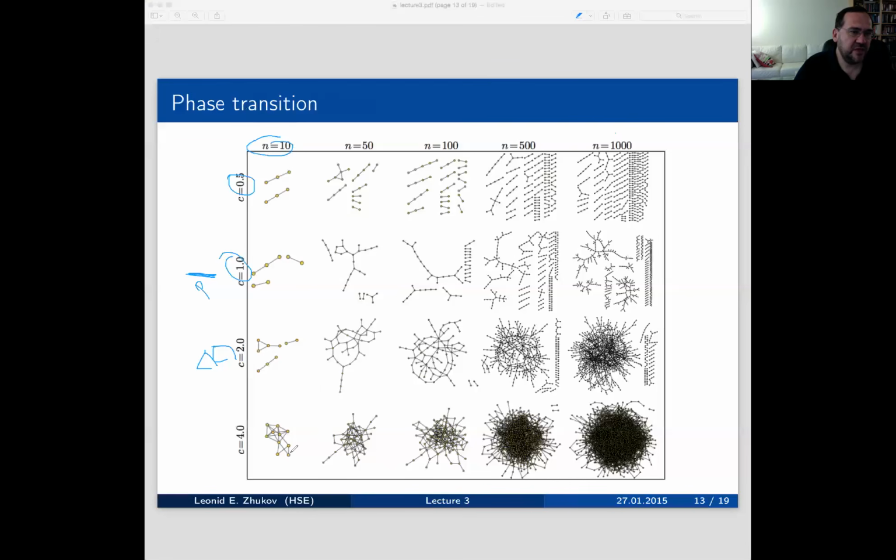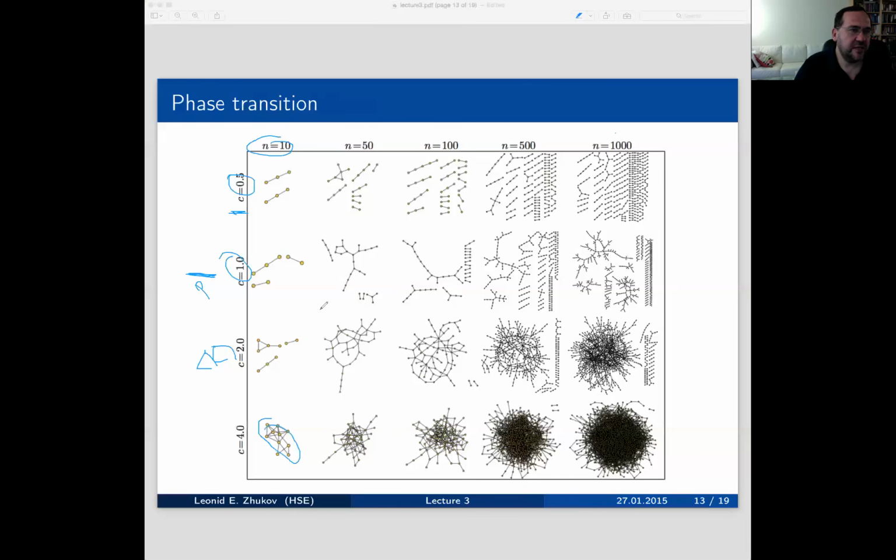And what happens is, when you increase the size of the graph, if the density of the graph, the average number of connections per node, the average degree, is low, you have a bunch of disconnected pieces.